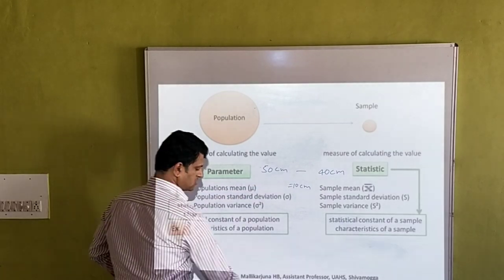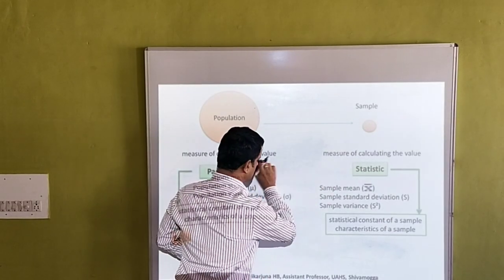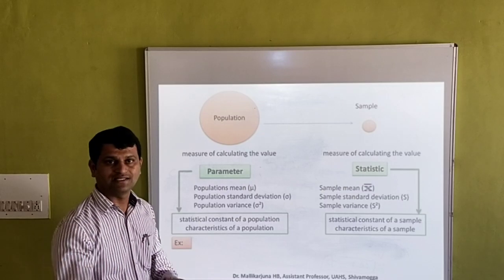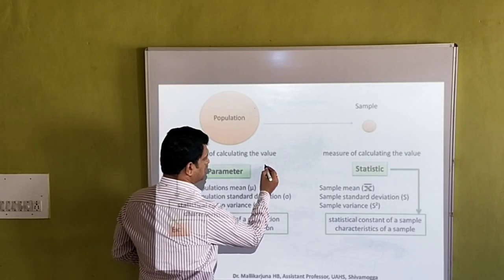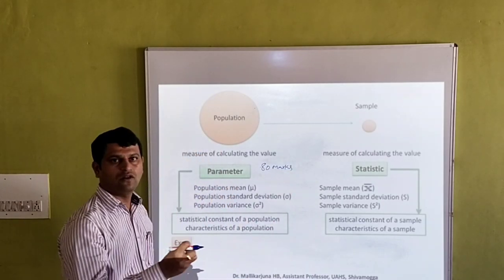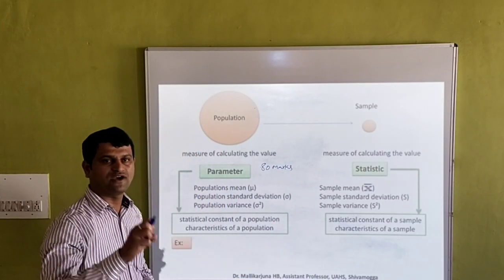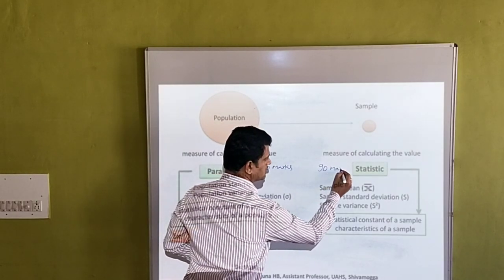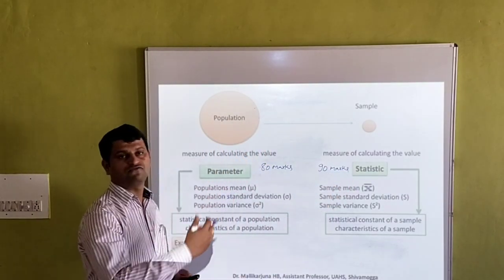Similarly, if I take the average marks of the students in a certain class as 80 marks, and from the sample I have selected only 10 students or 5 students, their average may be 90 marks. That depends on the units of the sample.